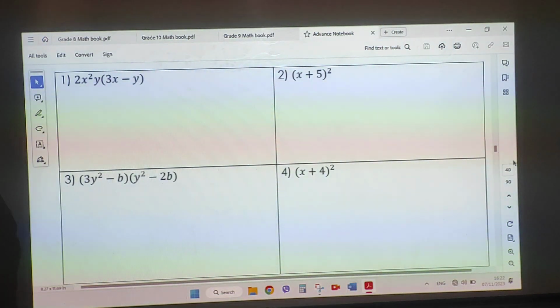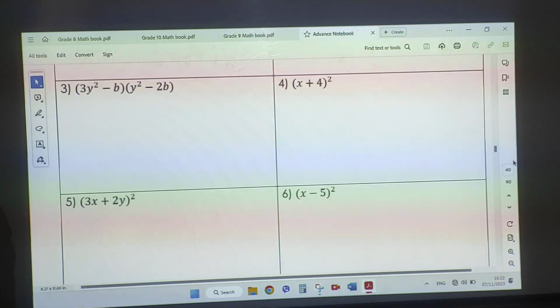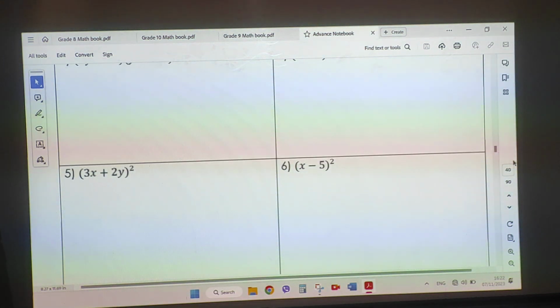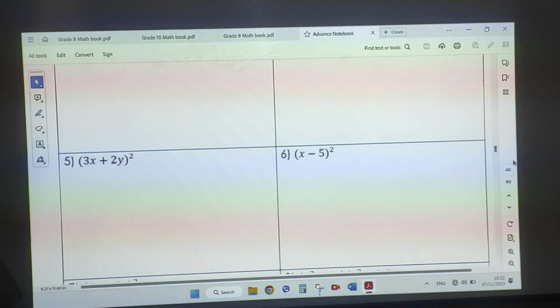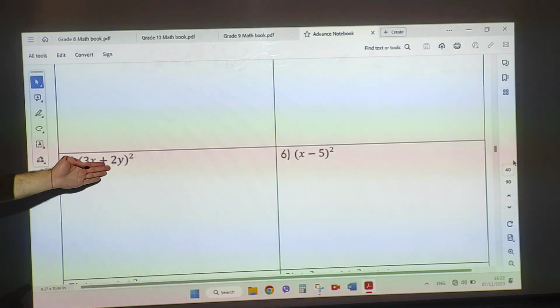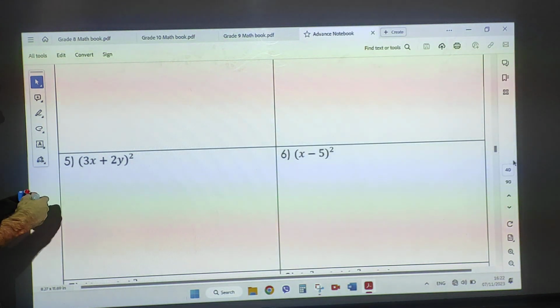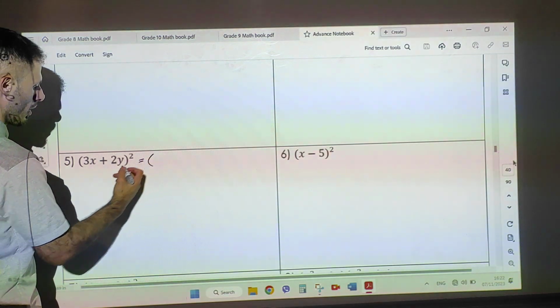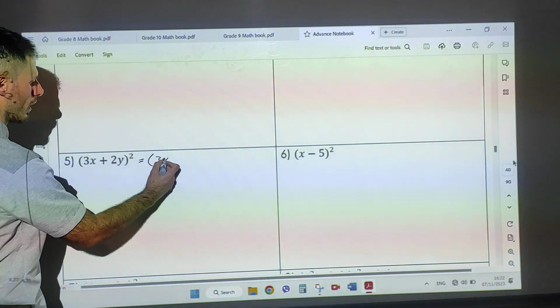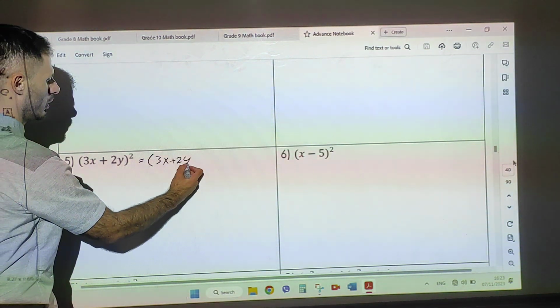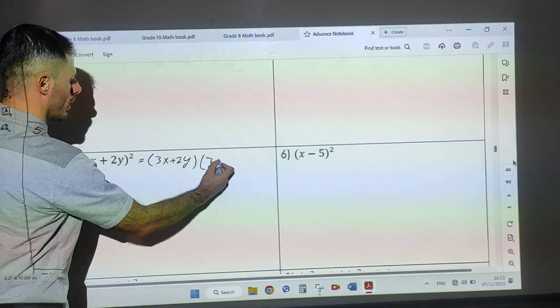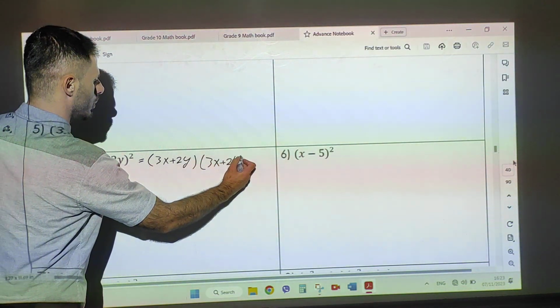For the next 2 examples, 3x plus 2y power 2 means this bracket multiplied by itself, 3x plus 2y multiplied by 3x plus 2y.